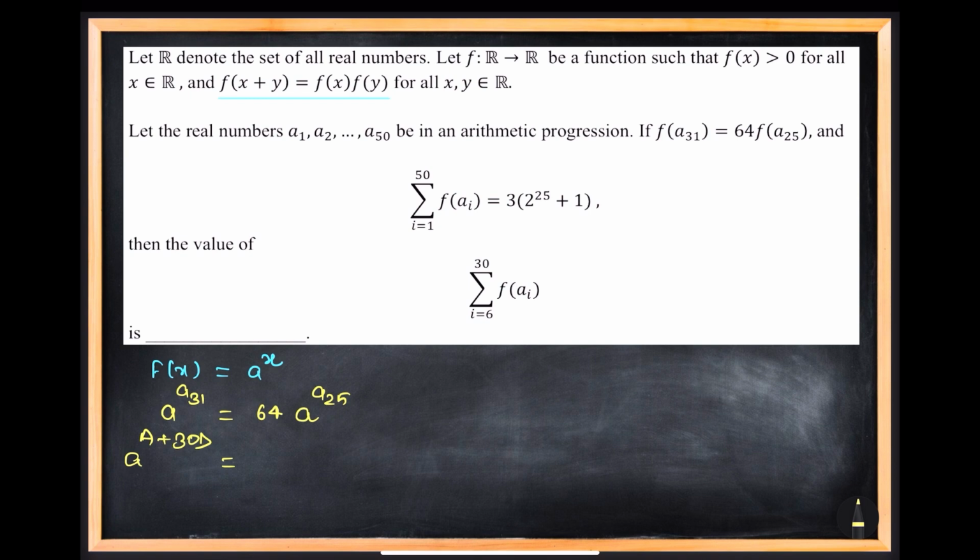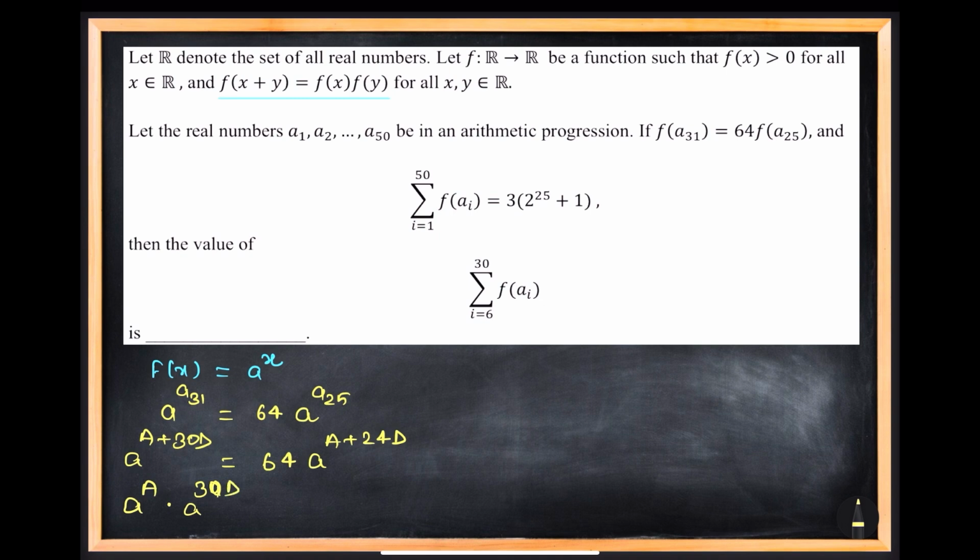That's why I have taken capital A. Now, can I write 64 times a power capital A plus 24D? Now, you know that the power is being added. This is only possible if the base is the same. Can we go with a power 30D?